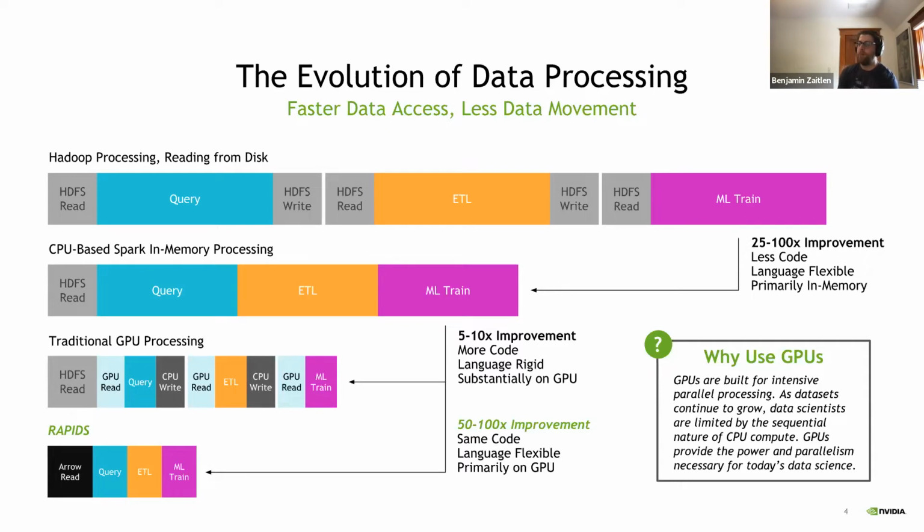GPUs are a really good place for us to move to because we can get that acceleration, because it's general purpose, and because NVIDIA and RAPIDS have made the investment in maintaining the APIs in the PyData ecosystem.